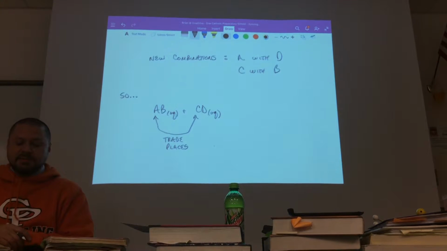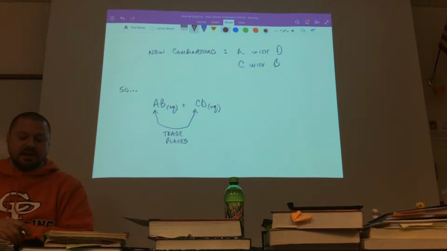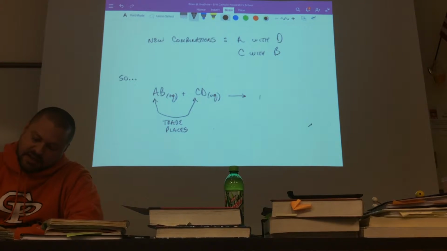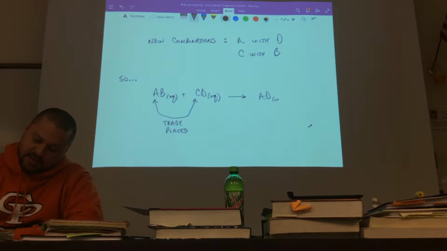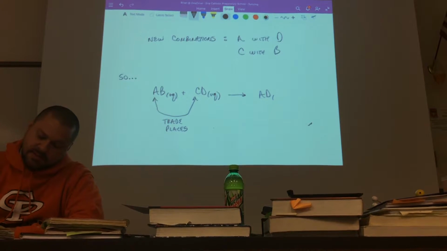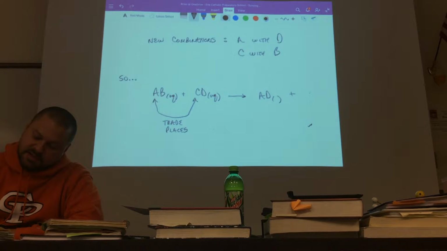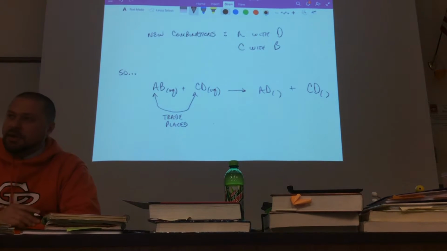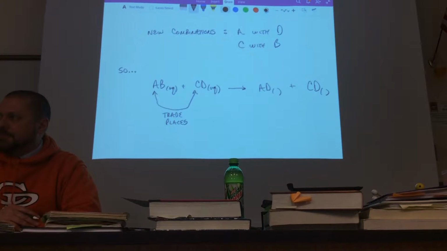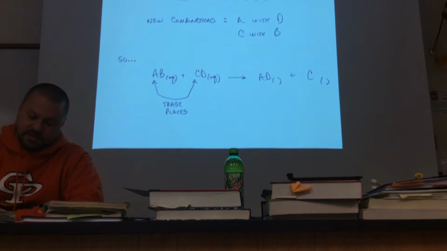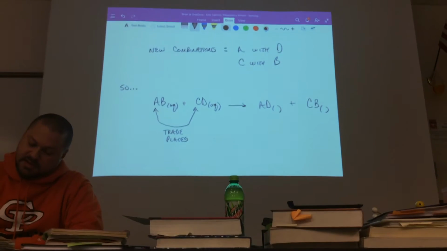So if we swap places and we put C next to B and A next to D, we get AD. Or I should say, let's not put a state here. I'm just going to put AD plus CB. I had that right the first time. CB, and I'm going to put the parentheses, but I'm not putting any state in right now. So you use E twice? No, CB. Thank you. Keep me honest, Ethan.